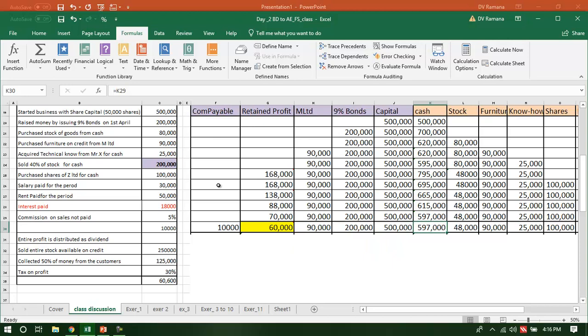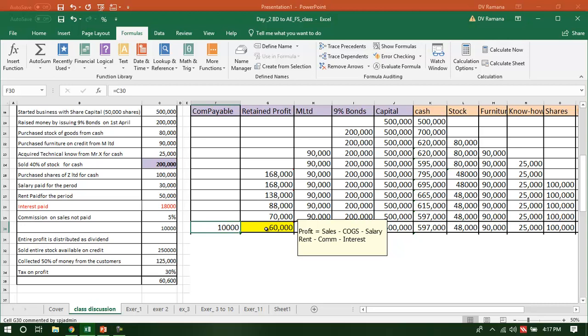So commission payable is a liability. An expense paid is a reduction of cash. An expense not paid is a creation of liability. But in both cases, whether paid or not paid, profit will reduce to the extent of the expense.